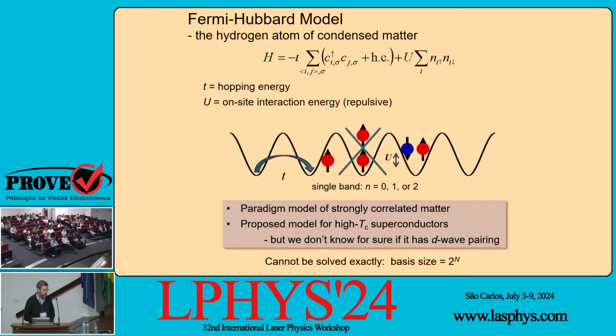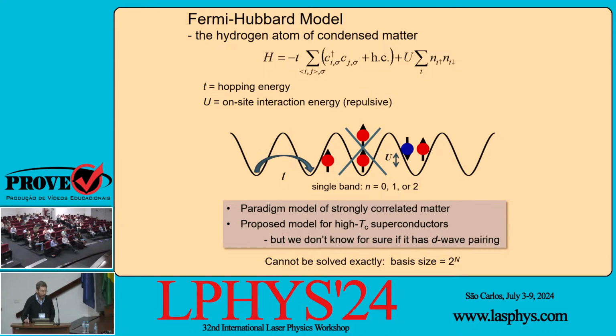So this is really a paradigm model of many-body physics, strongly correlated matter, and it's been a proposed model for high-Tc superconductivity. So despite the discovery of high-temperature superconductivity being, let's see, about 40 years old, it's a little embarrassing for physics to say that we don't understand how it works.